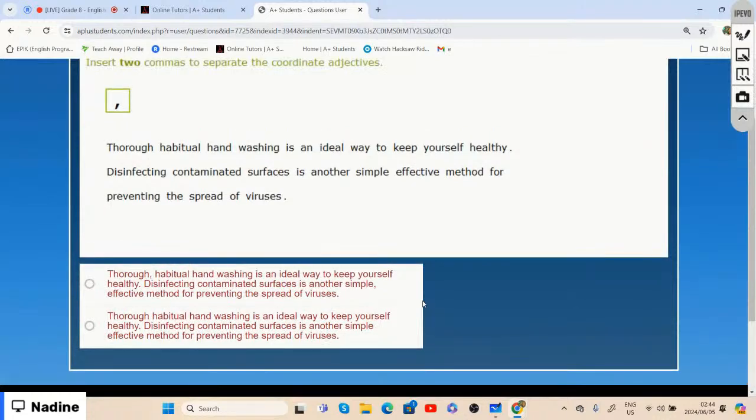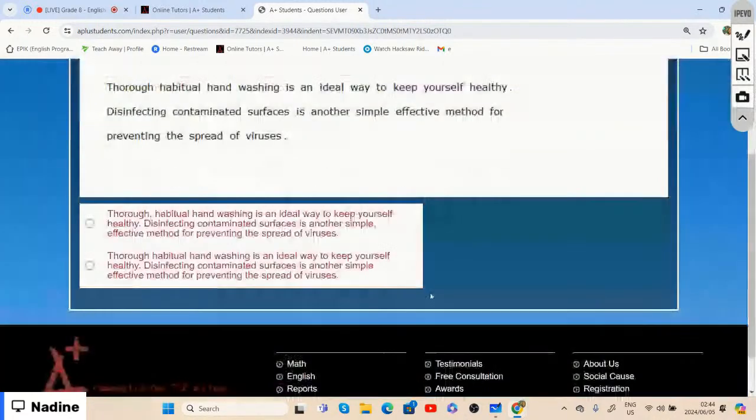We need to add two commas, right? So we're going to add our commas where it is needed. It says thorough habitual hand washing is an ideal way to keep yourself healthy. Disinfecting contaminated surfaces is another simple, effective method for preventing the spread of the virus. So we are going to add two commas within the sentence.